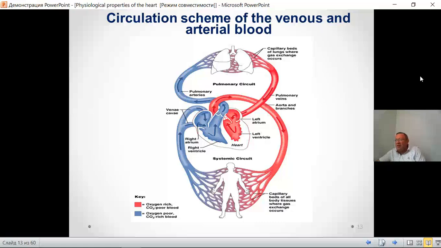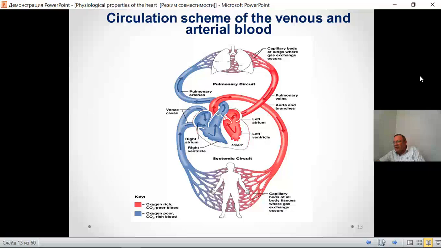The pulmonary veins conduct blood to the left atrium, which pumps the blood into the left ventricle, which in turn pumps oxygenated blood into the aorta, the main branch of the systemic circuit.